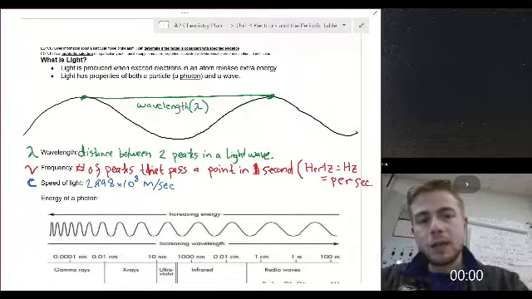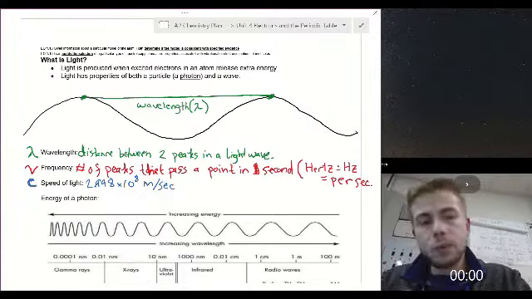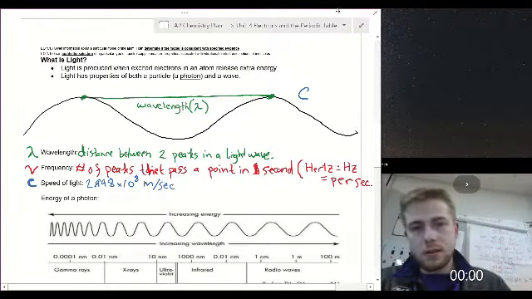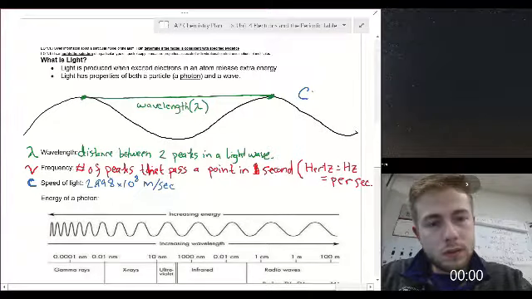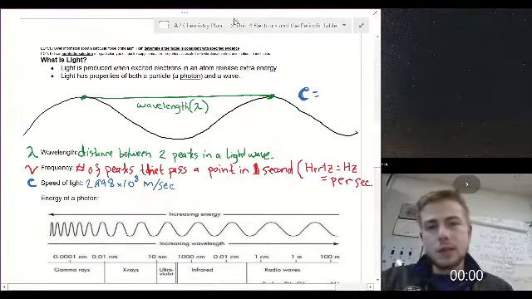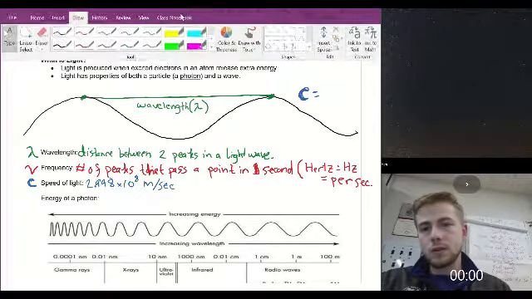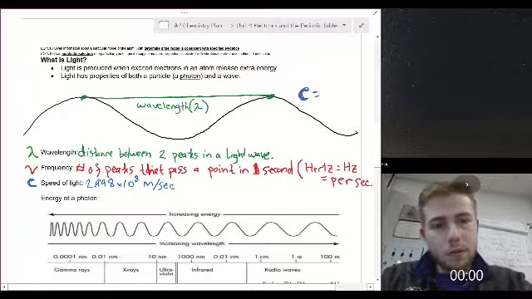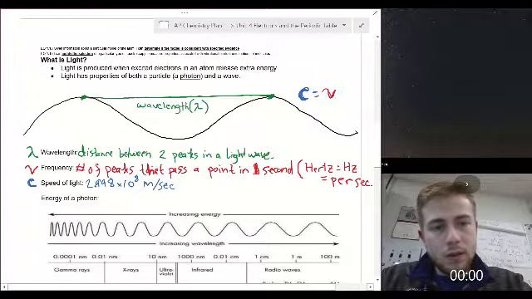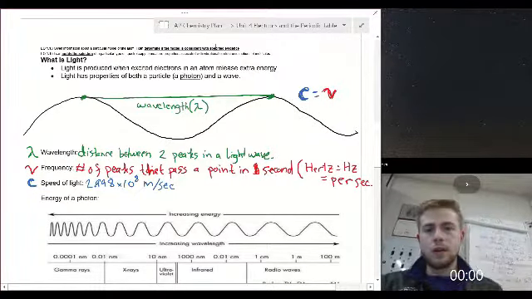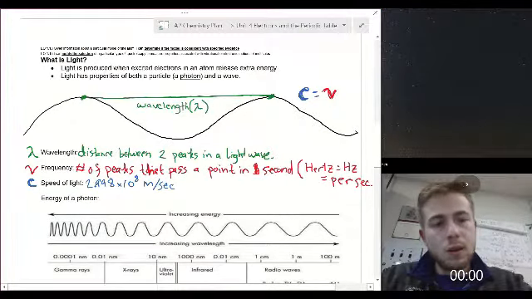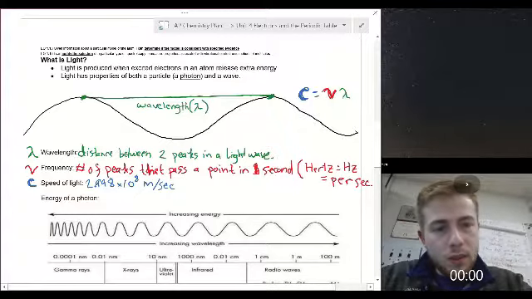So we're just going to write it up here at the top corner. We're going to say that c equals, kind of looks like an E, but I promise it's a c. c equals frequency, which is the Greek letter nu, times wavelength.